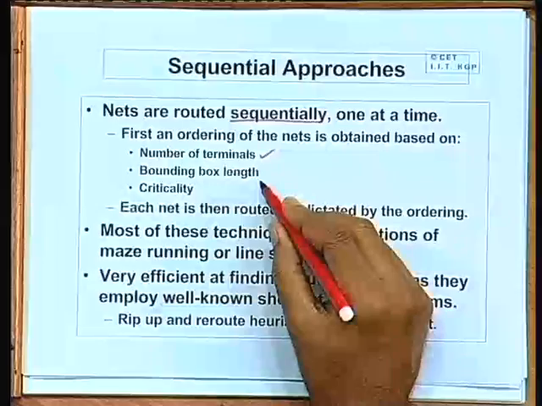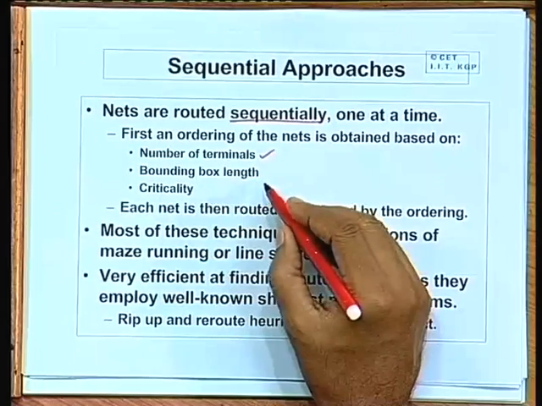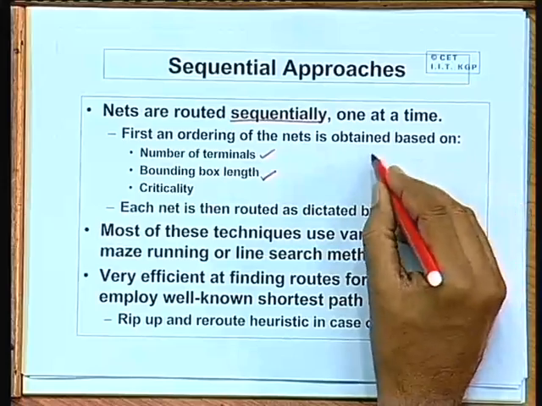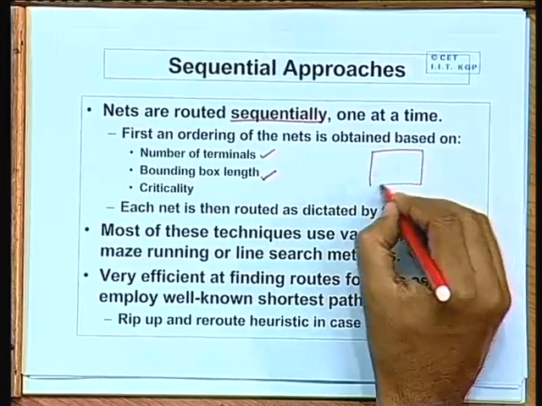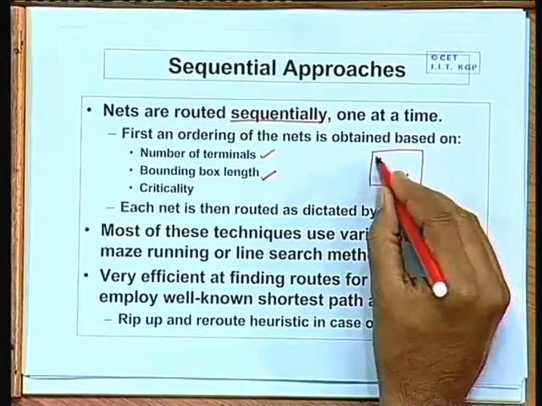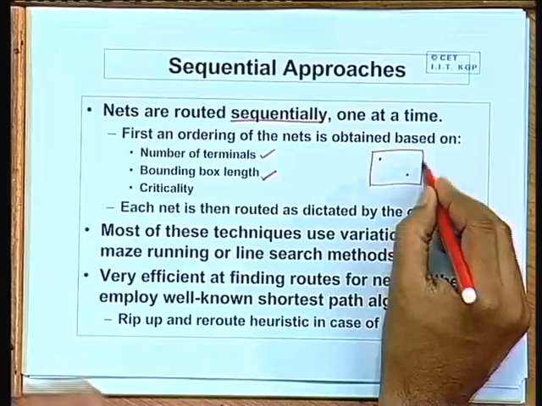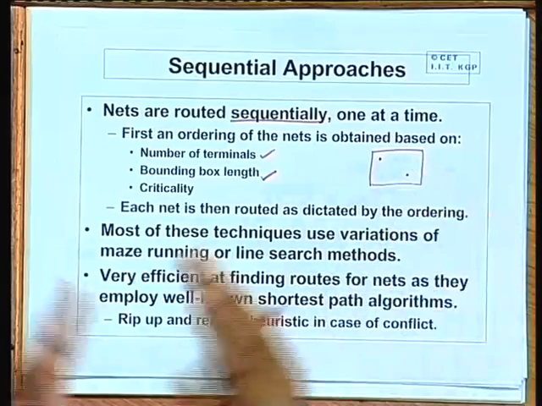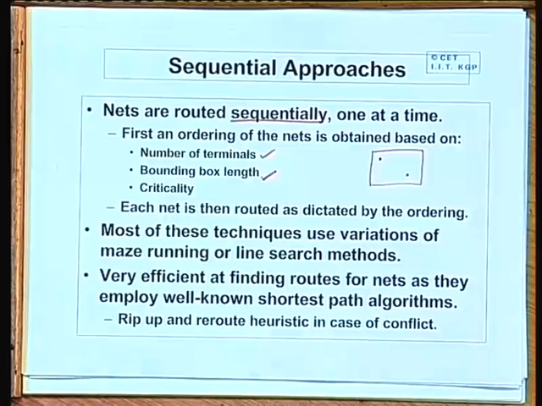Number 2 may be the bounding box length, that means the size of the bounding box. Say if you have 2 pins, you just imagine a rectangular bounding box just enclosing them. If the bounding box size is bigger, that means the net is spanning over more distance.